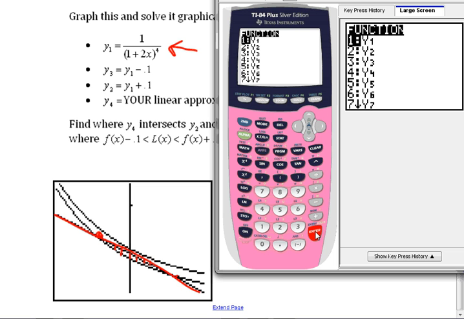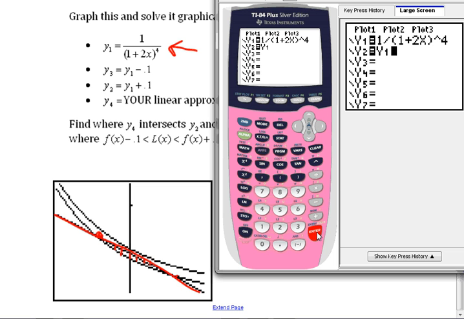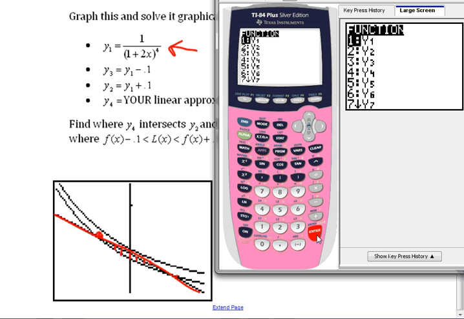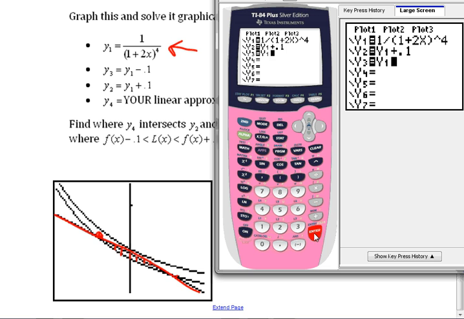That's my function plus 0.1. I will turn that off because it gets to be too much. And then in y3, I do y1 minus 0.1. It doesn't matter, but I just want it to be the same. And then I'm going to turn this one off because I don't want to see this graph.